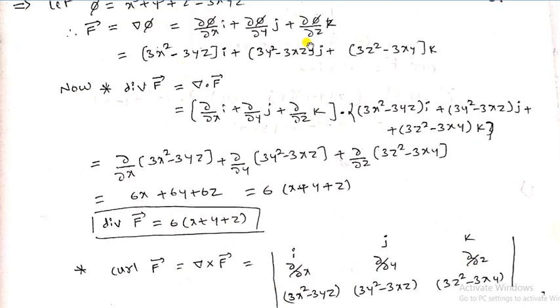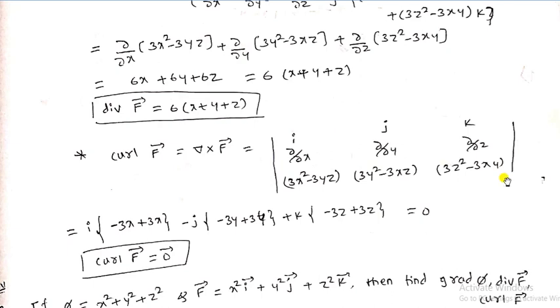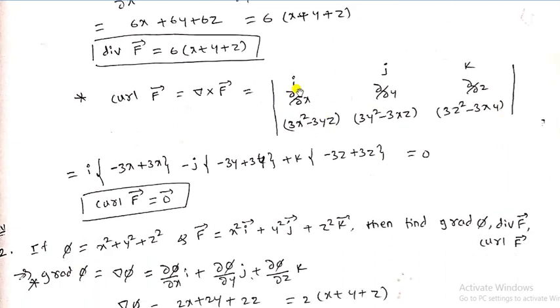So use the i, j and k terms: 3x square minus 3yz, 3y square minus 3xz and 3z square minus 3xy. Then we expand the determinant.